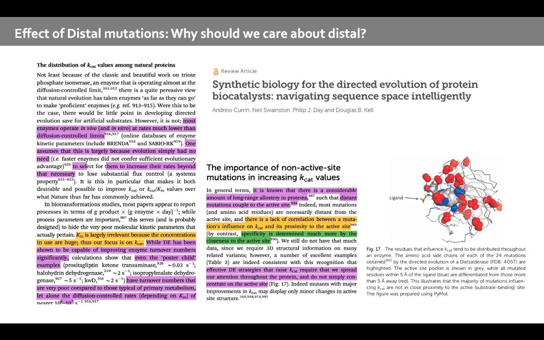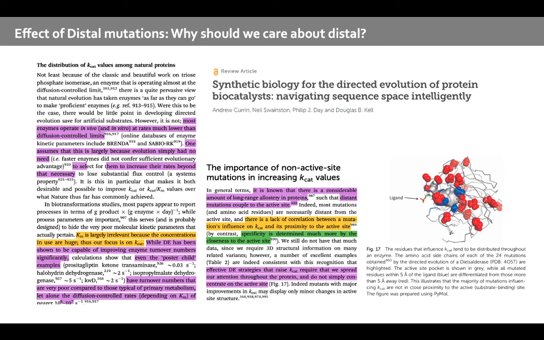Also, he mentions that there is a lack of correlation between mutations' influence on KCAT and their proximity to the active site. So if you want to improve KCAT, the obvious idea is, okay, let's mutate residues in the active site and try to lower the barrier, right? But the truth is that there is a lack of correlation. There are some mutations far away from the active site that have a high effect on KCAT.